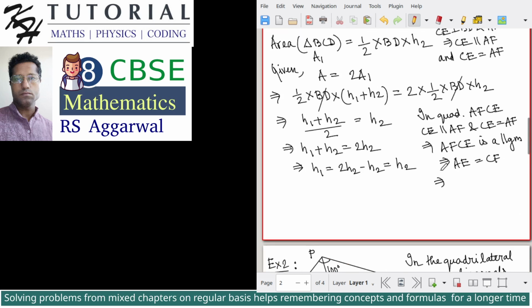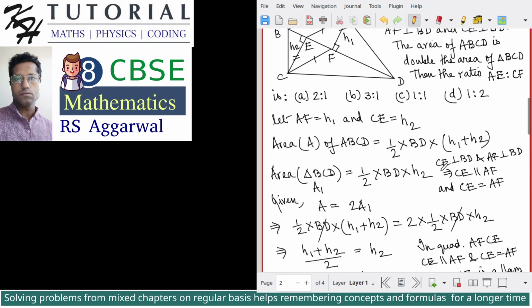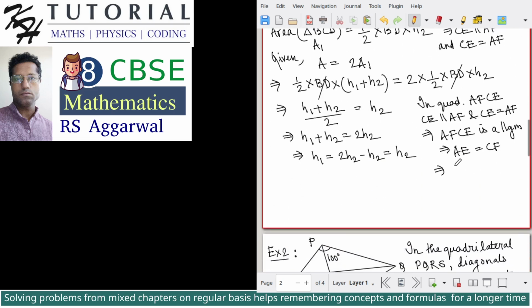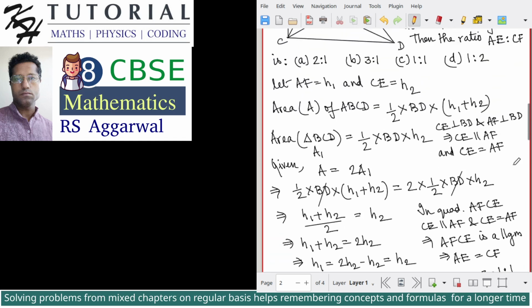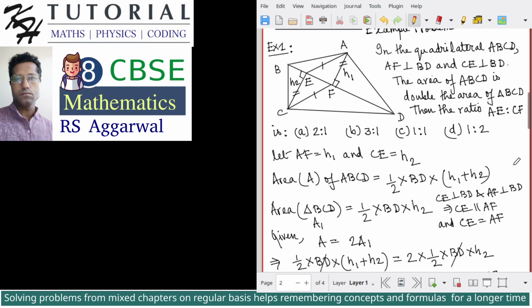This implies the ratio AE to CF is 1:1. So the correct choice is C.